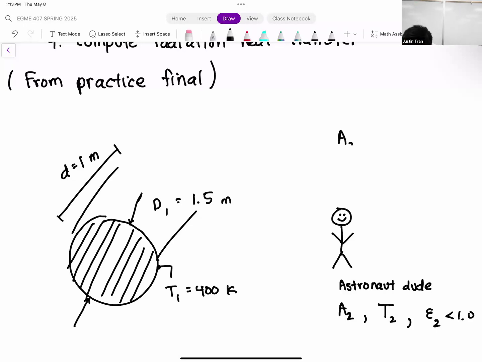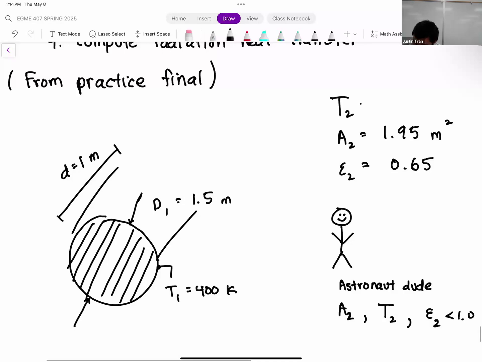For our astronaut, his surface area is going to be 1.95 meters squared. His emissivity is going to be 0.65, and his temperature is 300 Kelvin.